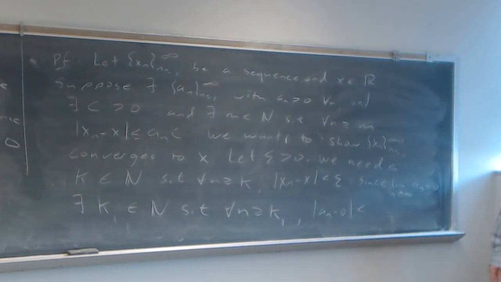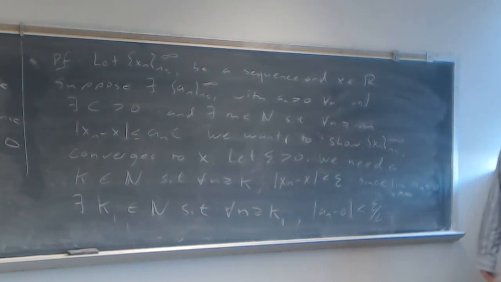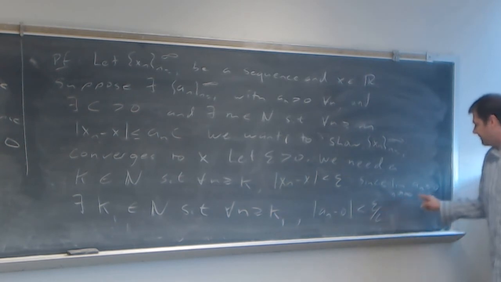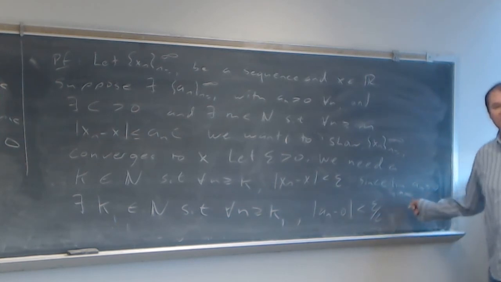And what did we say that we wanted? Less than epsilon over c. Now wait just a second. Really, I'm using the definition of convergence of a sub n, so I've got to be given an epsilon. My role of epsilon, the distance, is really not epsilon in this case. It's really epsilon over c. This is like my new epsilon for this problem.